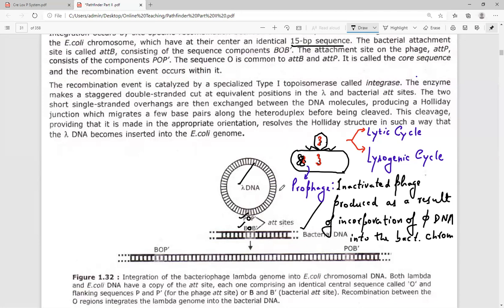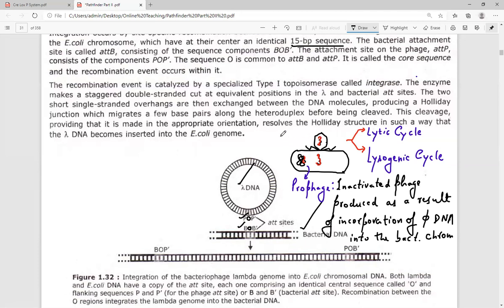Now, for this integration to take place, the phage and the bacterial chromosome have a common region that is referred to as the O region. The O is the common site present between the lambda phage DNA and the bacterial chromosome.